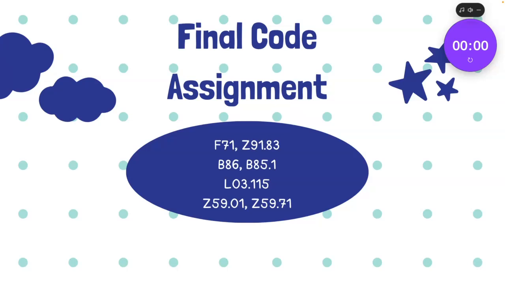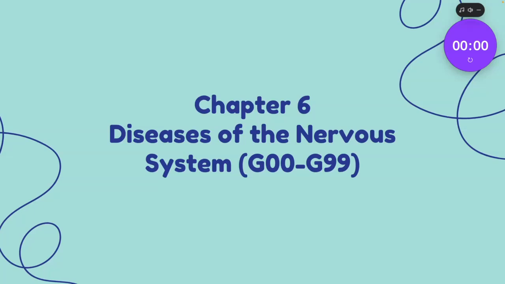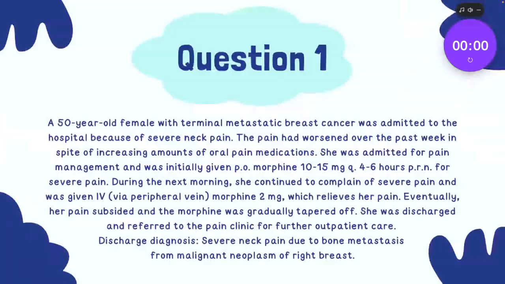So let's get back to a scenario that I was trying to get to accidentally. And I see some no's popping up in the chat that you don't have any questions, so I'm going to keep on rolling. All right, 50-year-old female with terminal metastatic breast cancer was admitted to the hospital because of severe neck pain.